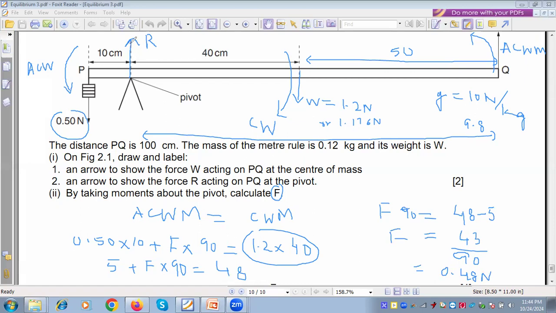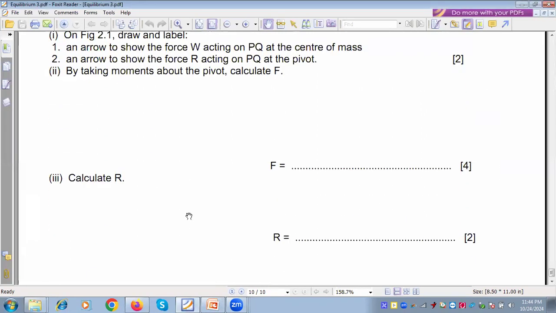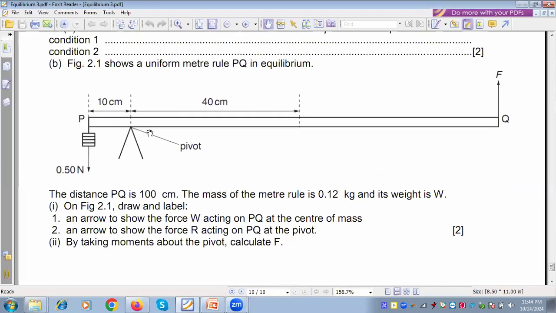And what will be the value of R? It is an upward force. So total upward force will be equal to total downward force. We have to remember the value of F, 0.48 Newton, and the weight is 1.2 Newton. Calculate R. So R plus F: F is an upward force, R is also an upward force. R plus F is equal to 0.5 plus 1.2.